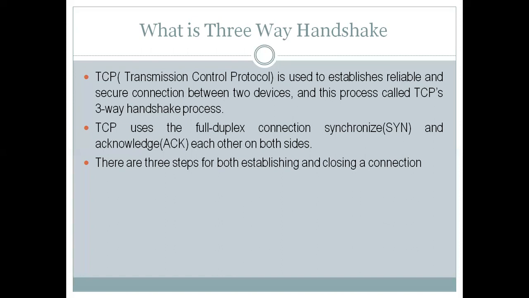The TCP three-way handshake is a process used in a TCP/IP network to make a connection between the client and server.